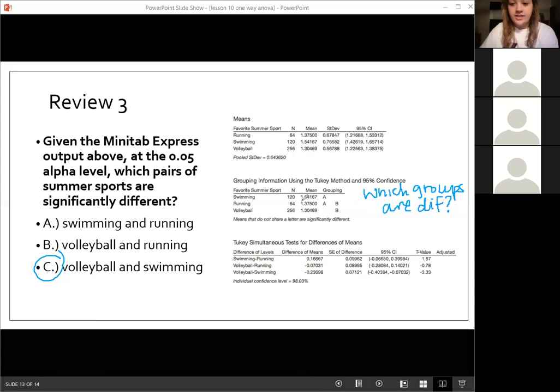So in this case, we see that swimming and running share a letter, and then volleyball and running also share a letter, they share letter B. But then swimming and volleyball, they don't share a letter here. Swimming is only A, volleyball is only B. So that's why we can say that they're significantly different, because they don't share any type of grouping letter there. So our answer would be C. So good job.